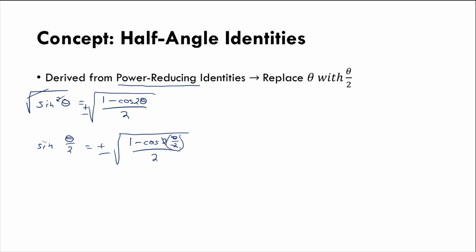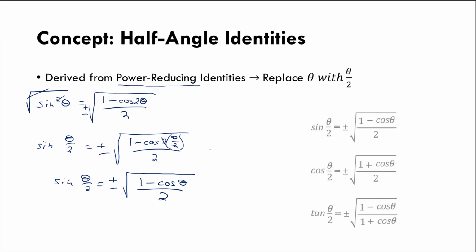We can see here that our 2's cancel out, and I'm left with sine of theta over 2 is equal to plus or minus the square root of 1 minus cosine theta over 2. Okay, so that is the proof of one of the identities. I'll go ahead and put the other two up here.